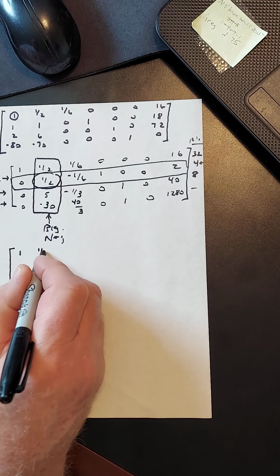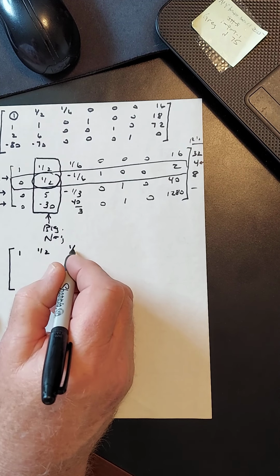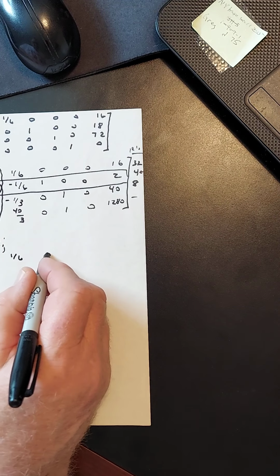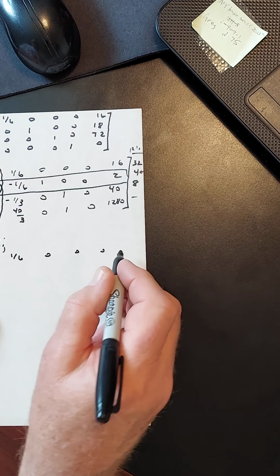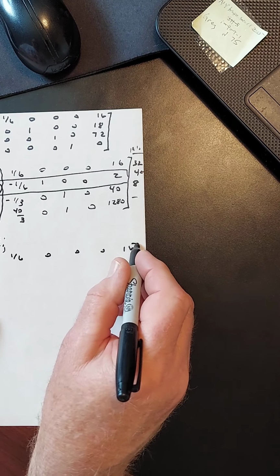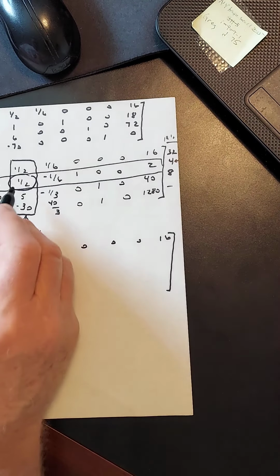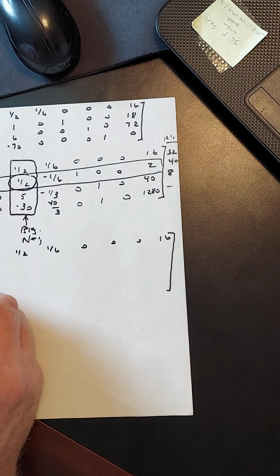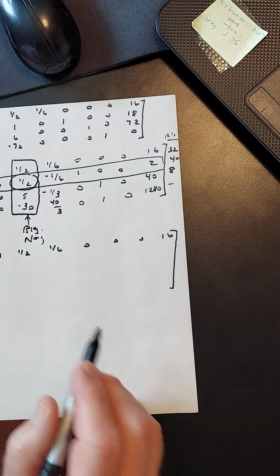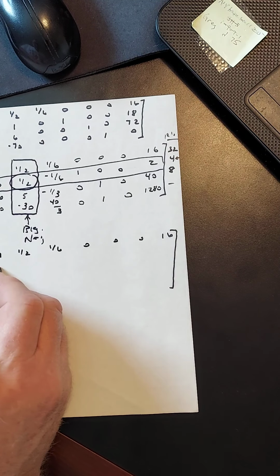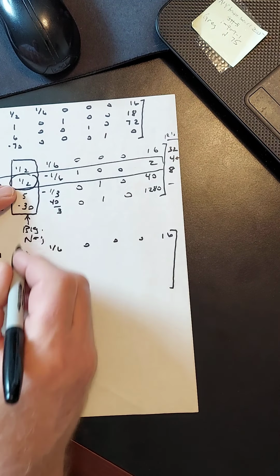1, 1/2. I'm really trying to keep this neat. I want to get a 1 here, so I'm going to take 2 times row 2. 2 times 0 is 0. 2 times 1/2 is 1.